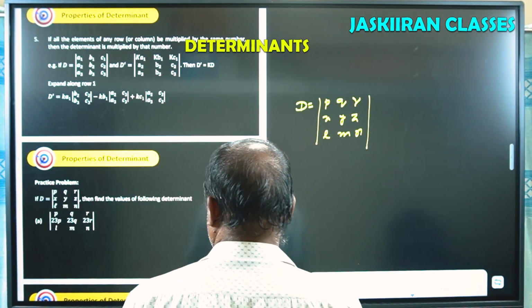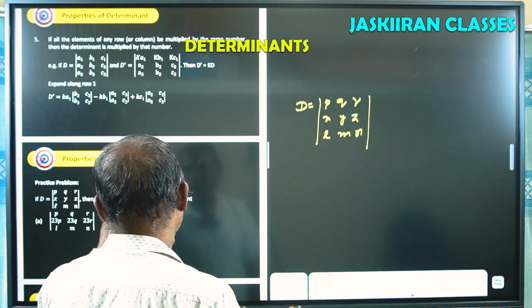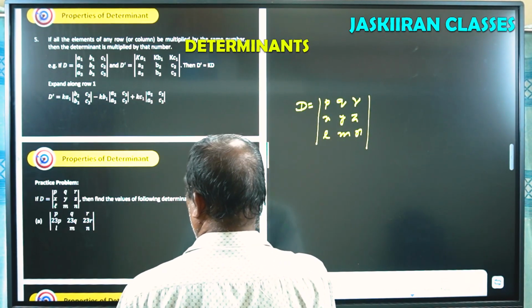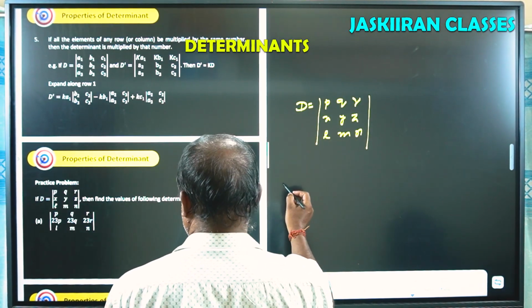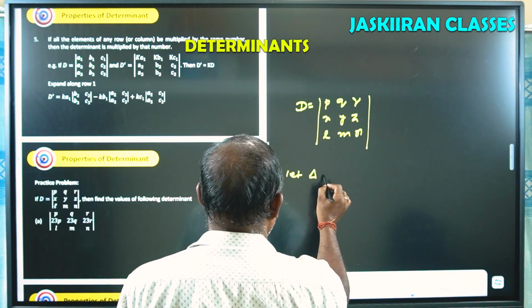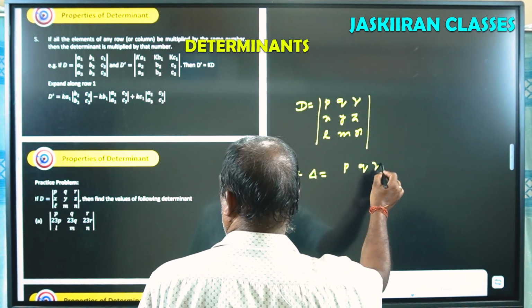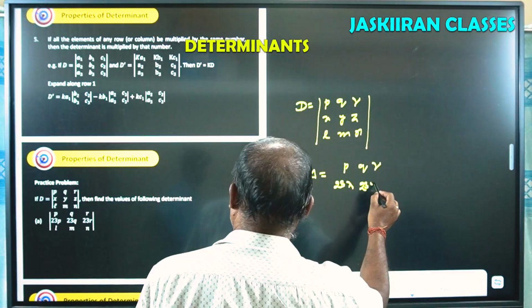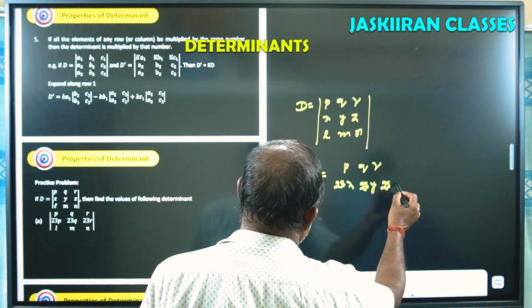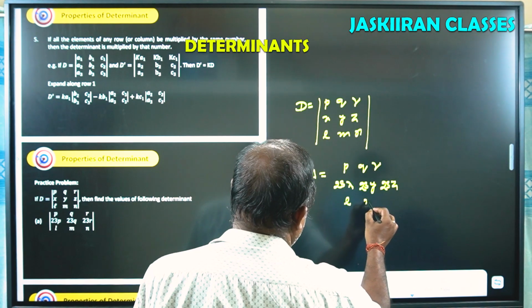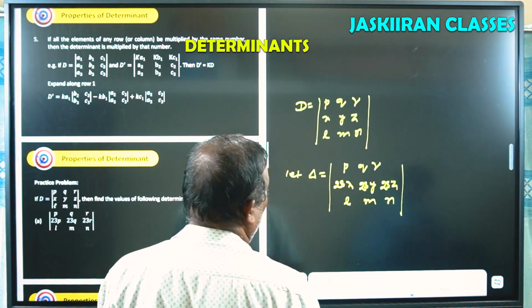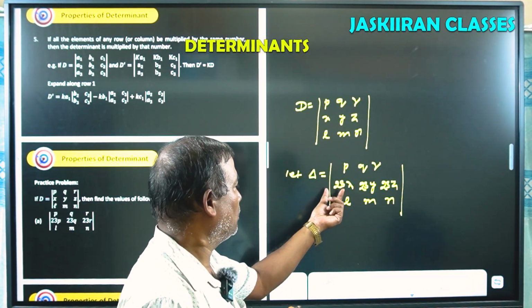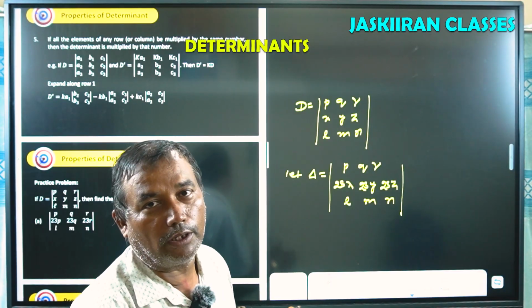Now find the value of the determinant with P Q R, 23X, 23Y, 23Z, L M N. What is its value? As I told you, the same number in any one row or any one column can be taken outside.